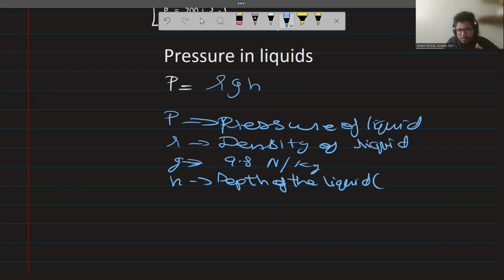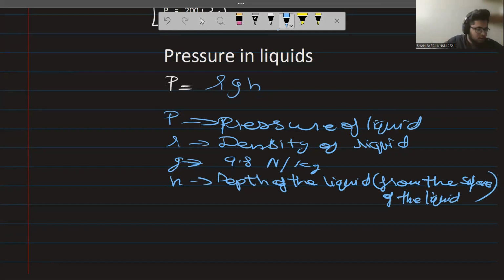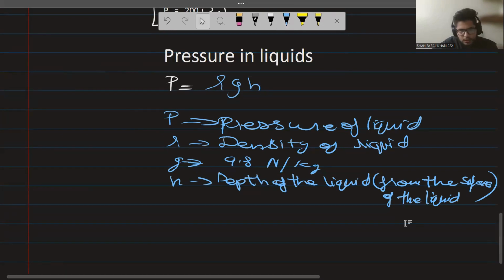Okay, so basically it's depth, because it's from the surface of the liquid. So this is the relation that how we calculate the pressure in liquids.